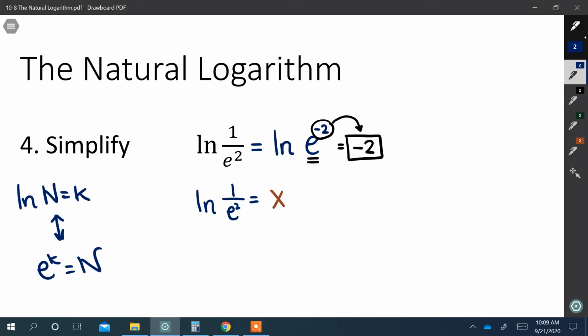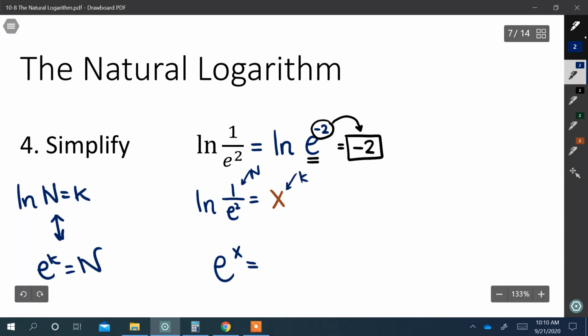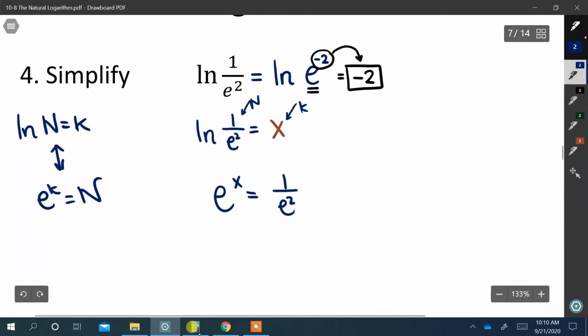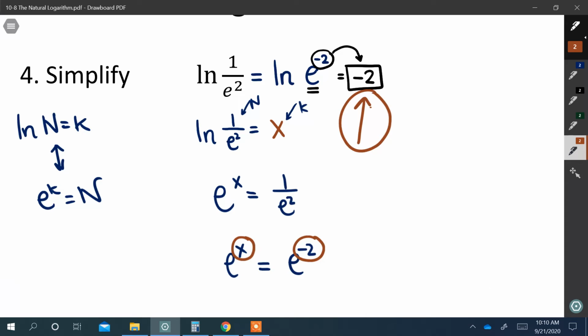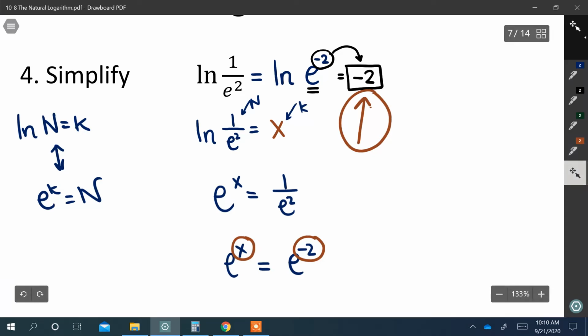You can translate it from one to another, and you will get e to this will be the n right there, and this will be the k. So it will be e to the x is equal to 1 over e to the second. Well, bring the e to the second on top, and then you get e to the negative 2. You can see that x is equal to negative 2. But then all you have to do is just realize that the exponent is the answer.